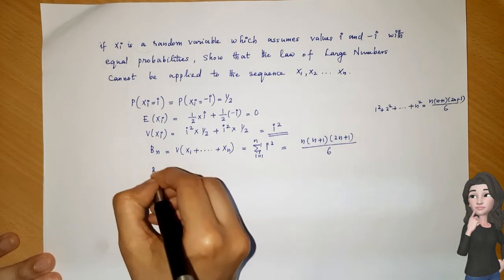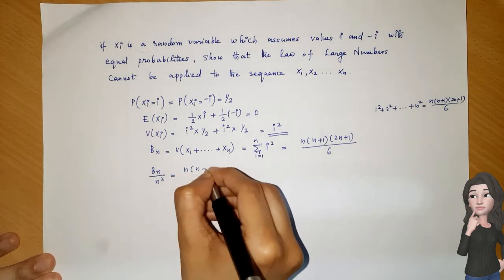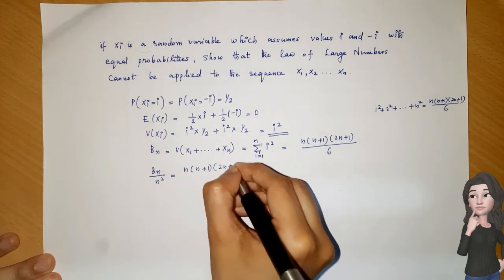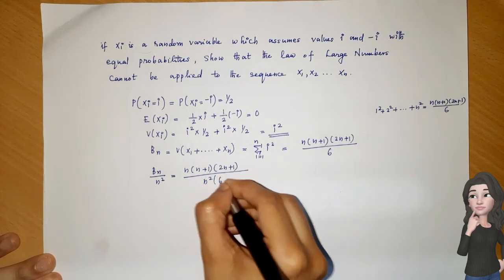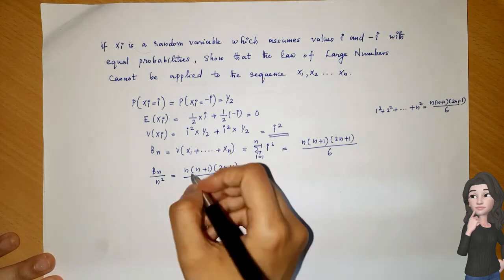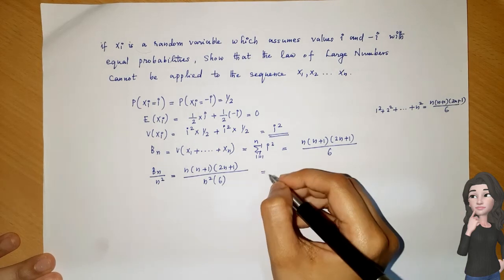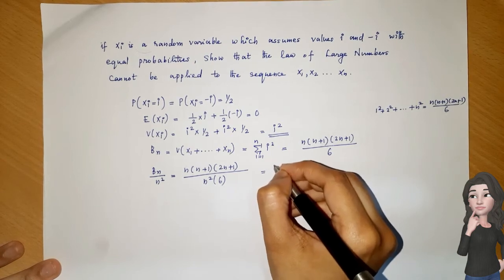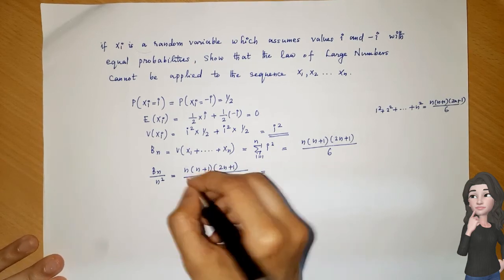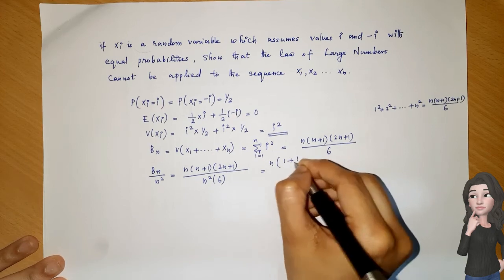Now we need to know Bn by n square. Bn by n square is equal to n into n plus 1 into 2n plus 1 divided by n square into 6. So I am going to divide each term by n square. I am going to take n outside: n into 1 plus 1 by n.